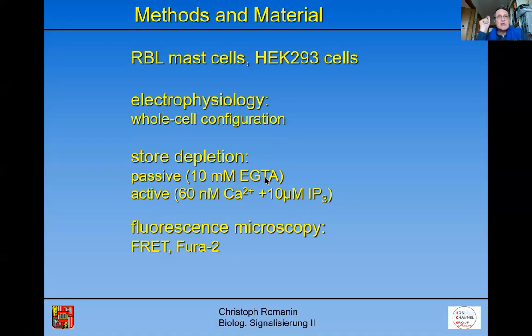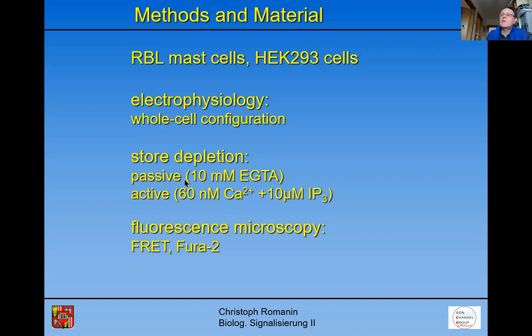And as I just mentioned, there is the need to deplete the calcium stores. And there are two possibilities how you can easily do it. The one is, although it's not directly as it physiologically occurs, summarized under the active store depletion.